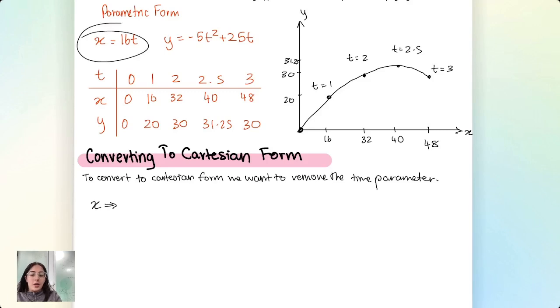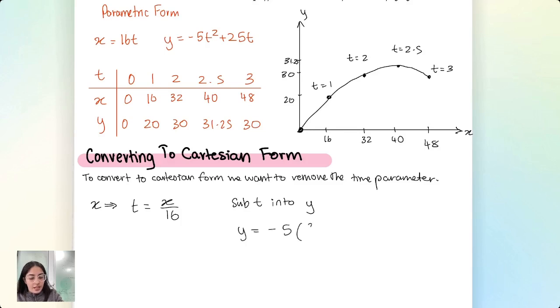From the x equation, I'm just going to change it into t equals x on 16. And I'm going to now sub t into y. Okay, so now y equals -5 (x on 16) squared plus 25 (x on 16). Everybody cool with that? And so now we just simplify it.